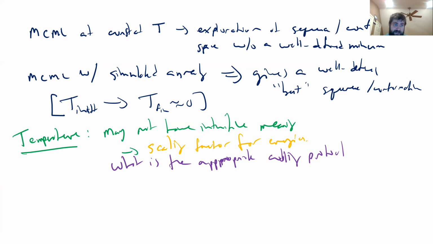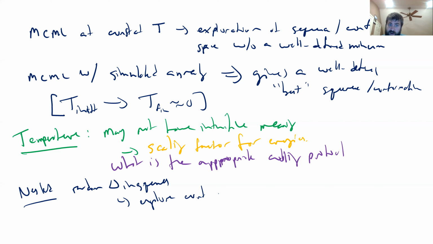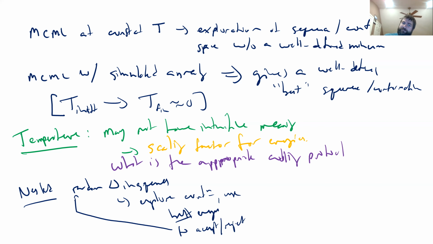It can be applied in a sort of fully nested approach where we make a random change in sequence, then we fully explore the conformations and use the best energy to accept or reject that sequence.